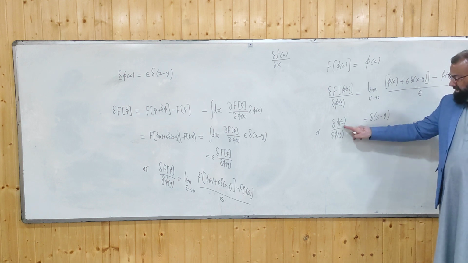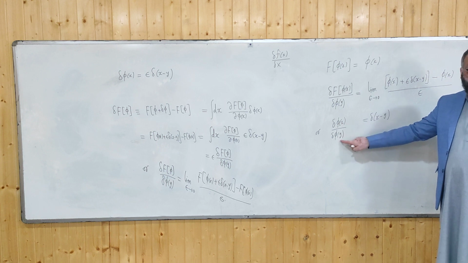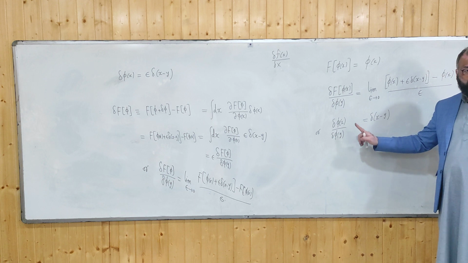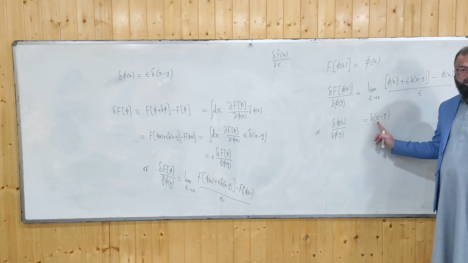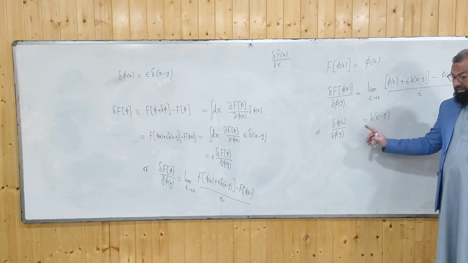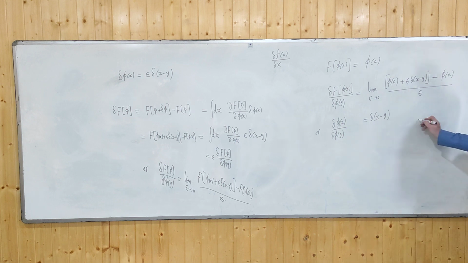Now you have x here and y here. Since x and y are continuous variables, what you get here is the Dirac delta function. If it had been, say, delta phi i by delta phi j with discrete indices, then if i is equal to j it is 1, and if i is not equal to j it is 0. So it would be delta ij.